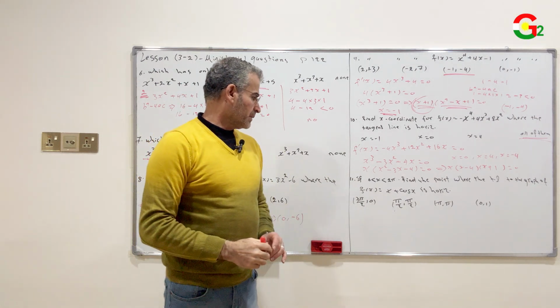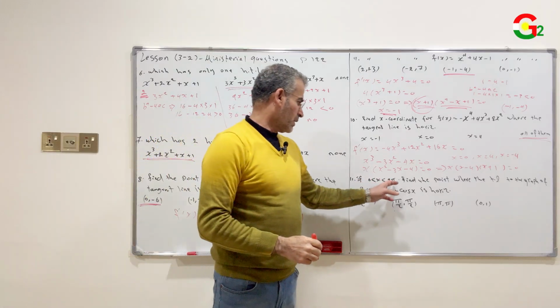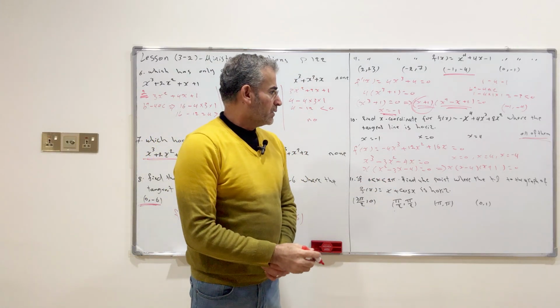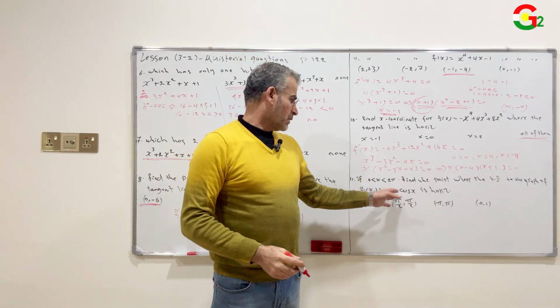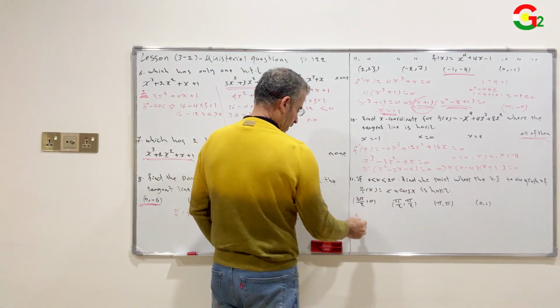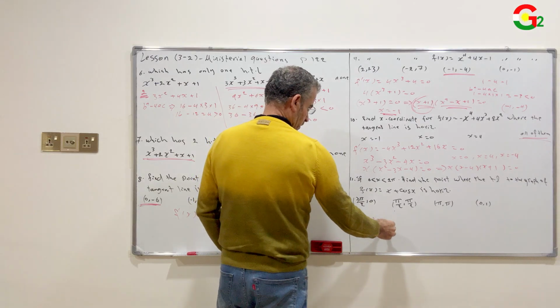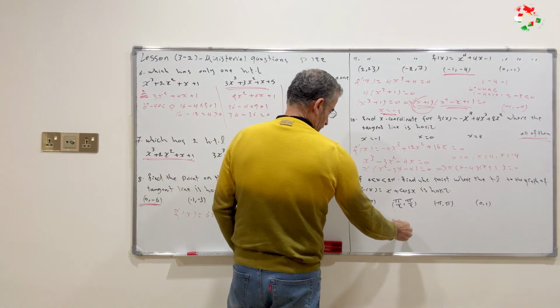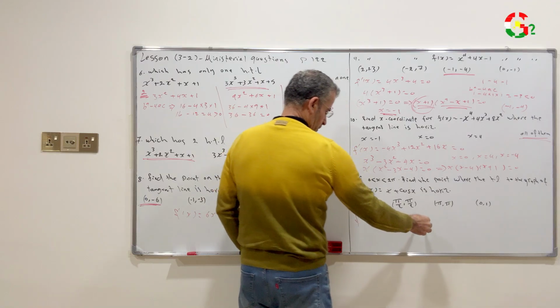Question number 11. If x is between 0 and 2 pi, find the point where the tangent line to the graph of f of x equal x plus cosine x is horizontal. Find the derivative of this function. 1 minus sine x, set it to 0.